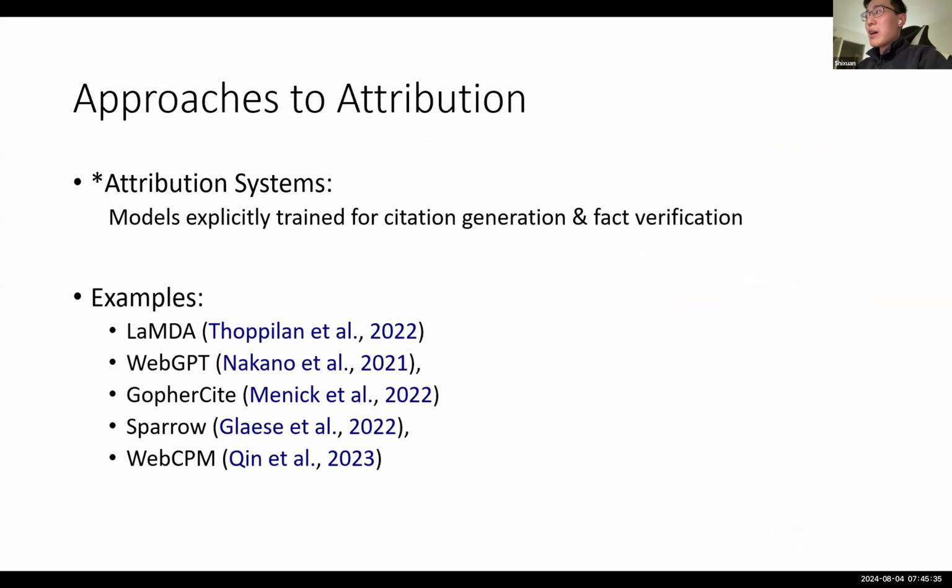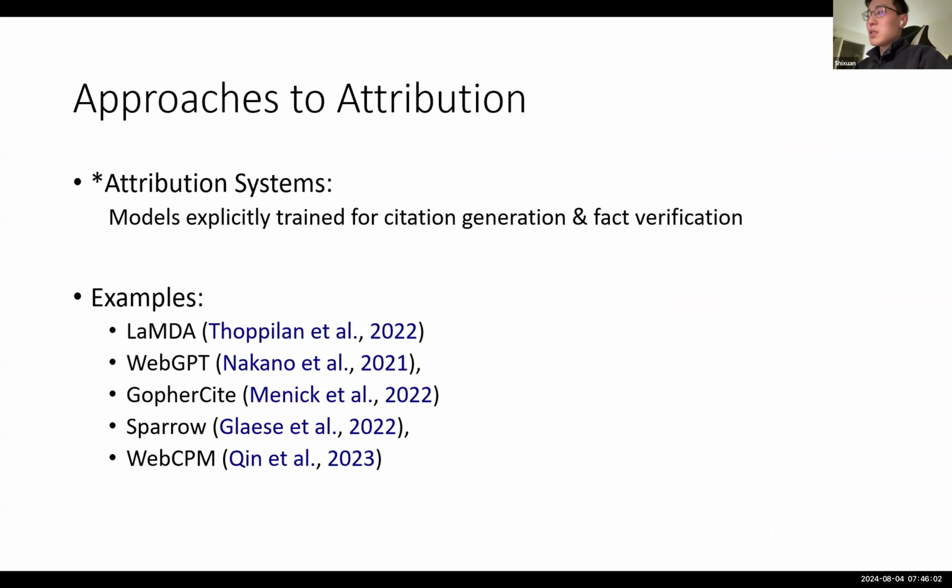And we also have one additional way to attribute here. It is called the attribution system. It is something more comprehensive, and it may contain one or more techniques we just discussed before. It may also involve some explicit training or fine-tuning for some kind of models.